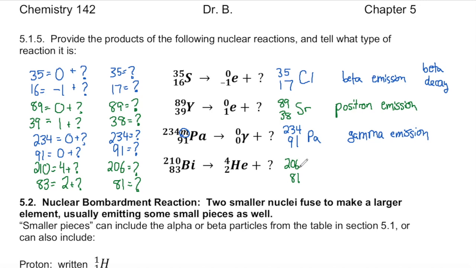Then when we look on the periodic table, element 81, the symbol is Tl. This is actually thallium. The particle that was emitted here, this helium nucleus, is an alpha particle. So this type of reaction would be called alpha emission. It can also be called alpha decay. And those are the reactions here.